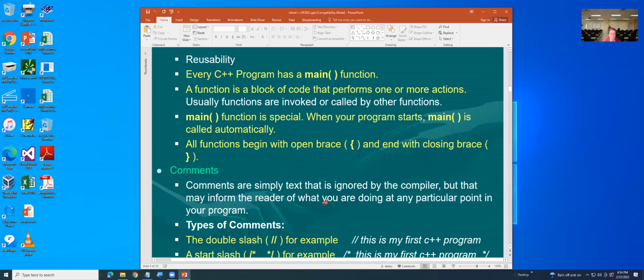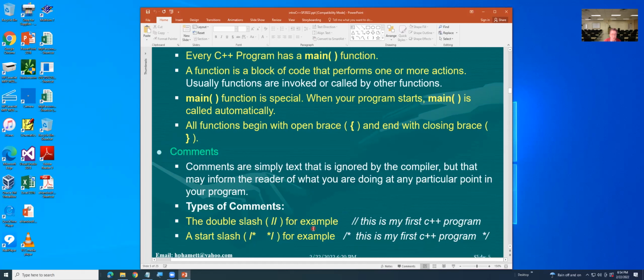Okay, comments. Comments are simply text that is ignored by the compiler, but that may inform the reader of what you are doing at any particular point in your program.